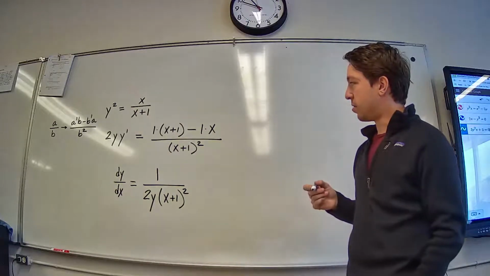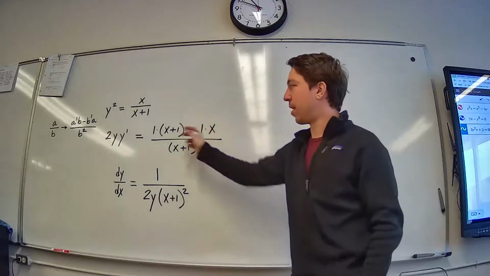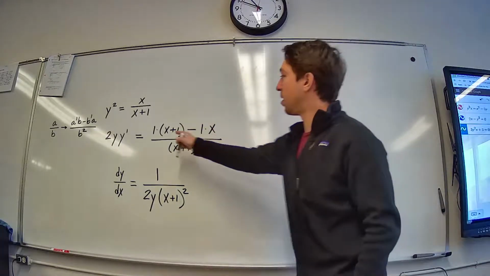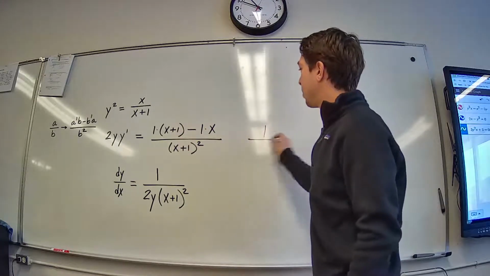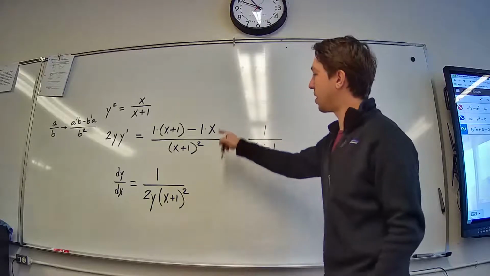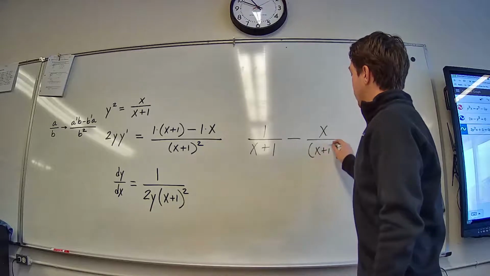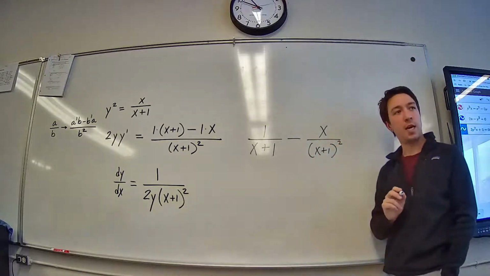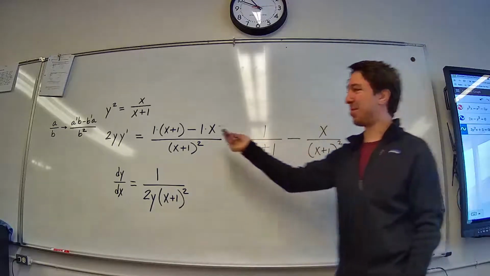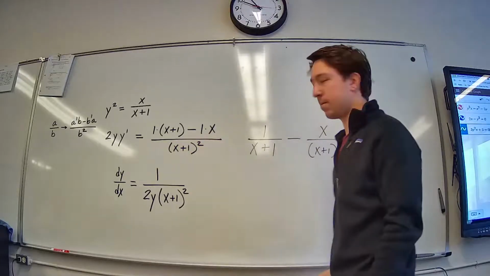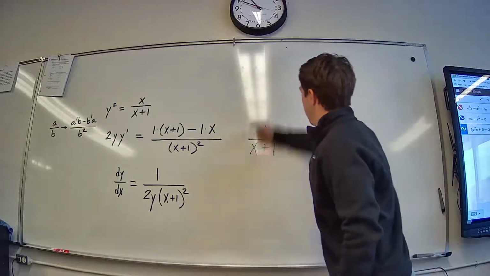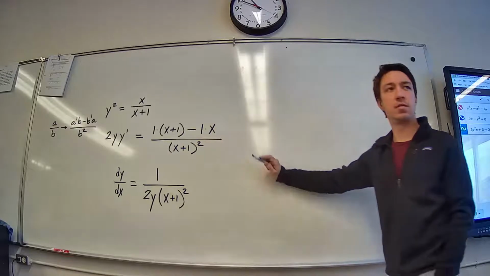You certainly could split this into a pair of fractions, like 1 over x plus 1, and then x over x plus 1 squared. That's an option, but I think it's much simpler to simplify the top first. That makes sense?